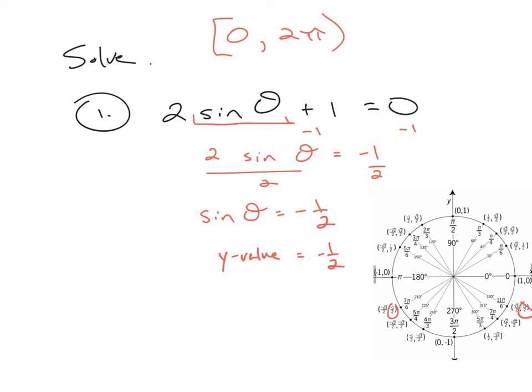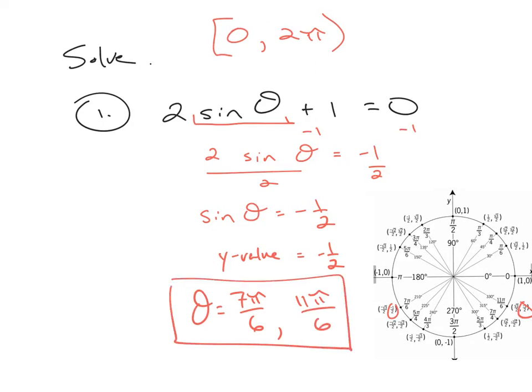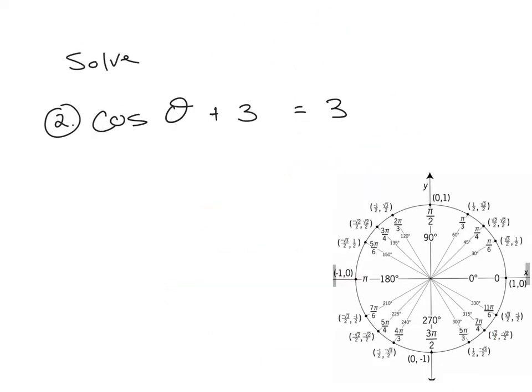So in this example, theta is going to equal 7 pi over 6 and also 11 pi over 6. So we get 2 answers here because there's 2 spots on the unit circle that have a y value of -1/2.